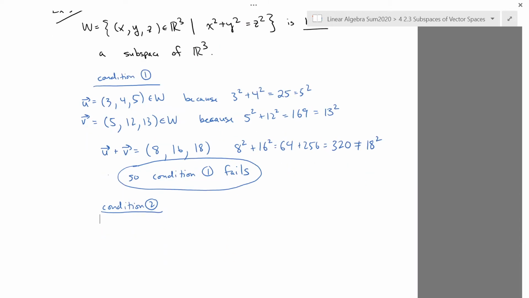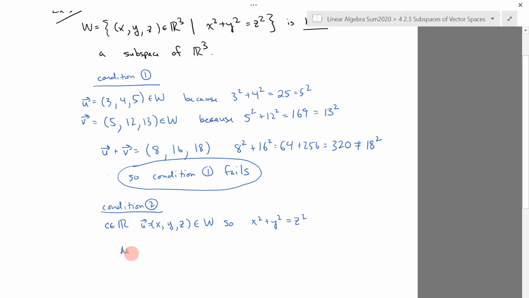So let's check it. c is any real number, and x, y, z is in W, so x squared plus y squared is equal to z squared. This is u.